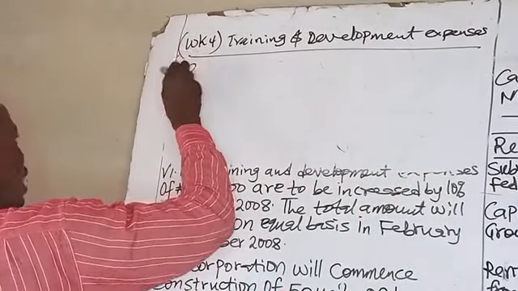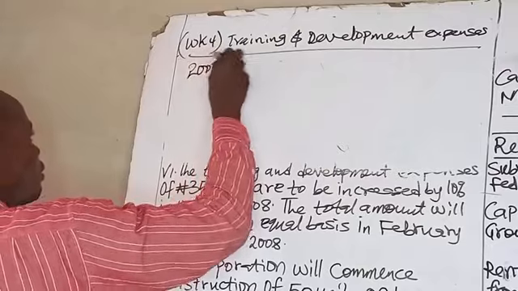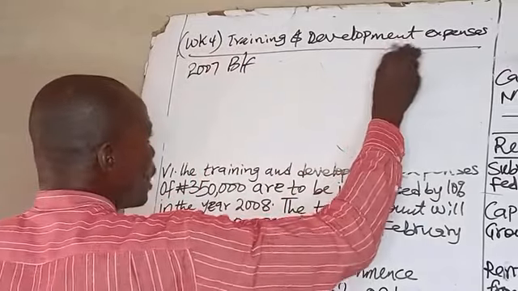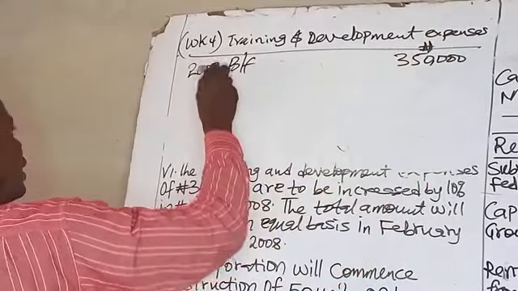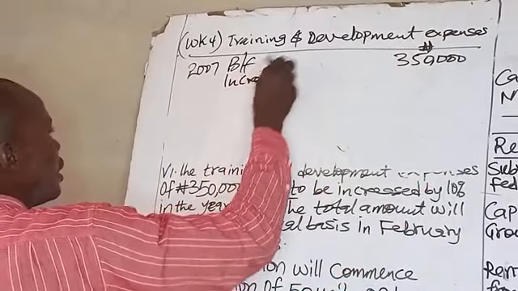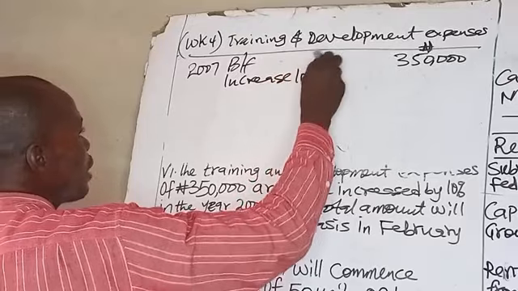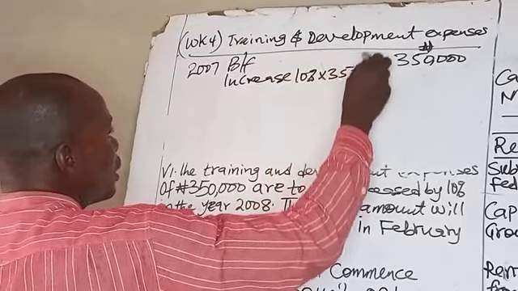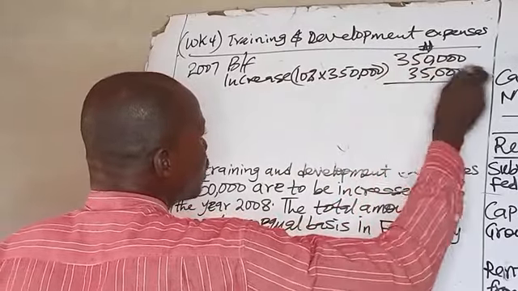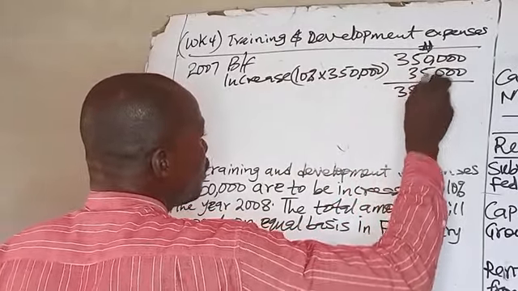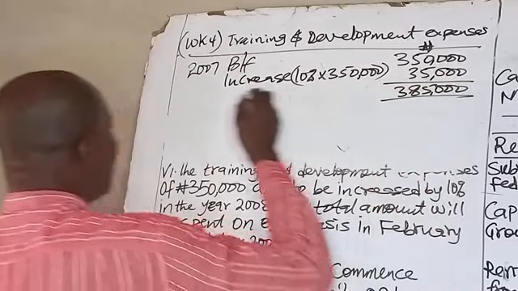So 2007 brought forward amounted to 350,000. Increase by 10% of 350,000, that would be 35,000. If you add it, you have 385,000.